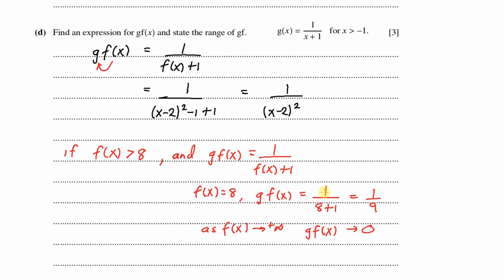Because if we divide 1 by an increasing number, the whole thing, or g of f of x in this case, will approach 0. So we now have the limits here for g of f of x, which are 0 to 1 over 9. And that's the answer here to part D.